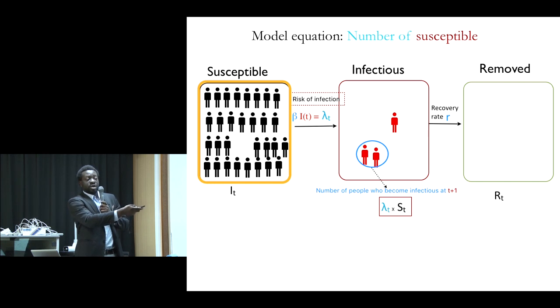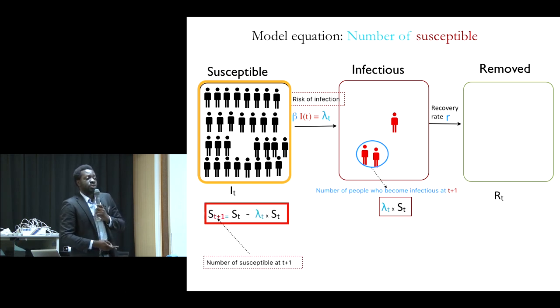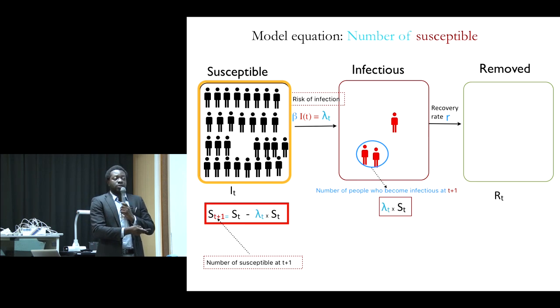Lambda t, remember, is the risk of infection, multiplied by the proportion of susceptible. So if we want to predict the changes here, the number of susceptible at time plus 1 is the number of susceptible that we have today minus the number of those who went out. By just subtracting this group here, we predict the number of those who stay here.